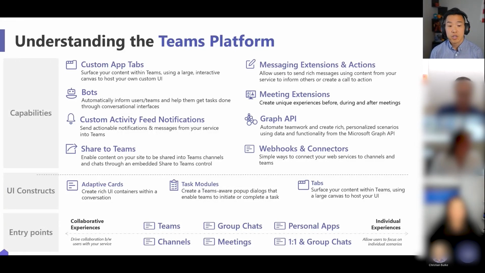If we go down to UI constructs, it's where you're able to view and interact with your content. Adaptive cards is one of the more used ones, where you're able to interact with the information that you need. And lastly, the entry points are where you want it to surface, because the app needs to live where your end user needs it to be, whether in a personal app or inside of a channel in Teams, in a more collaborative fashion.